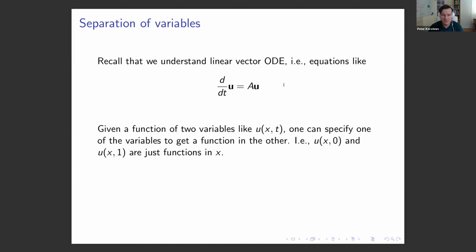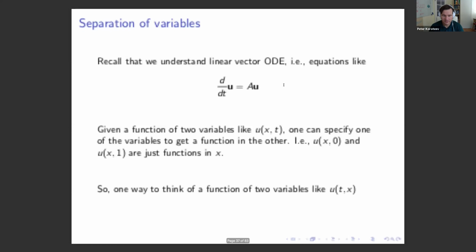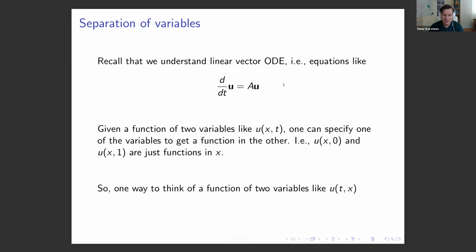So u of x0 and u of x1 are simply functions of x. One way to think of a function of two variables like u of t, x is that it's a function of t valued in the vector space of functions in x. In a sense, the x dependence is fibered over the t dependence.